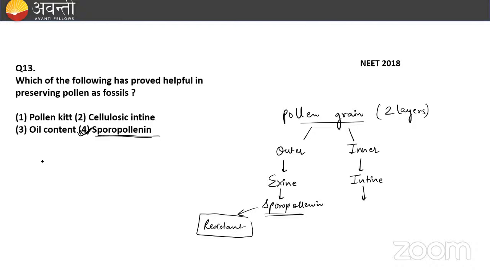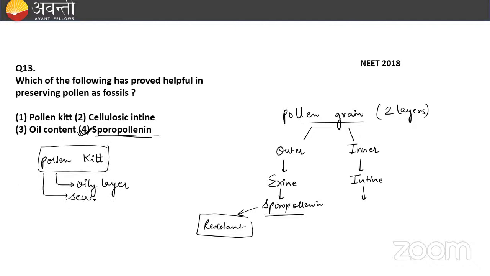Now option 1 says pollen kit. So these pollen kit, they are the oily layer or the fatty layer. These are secreted by tapetum.